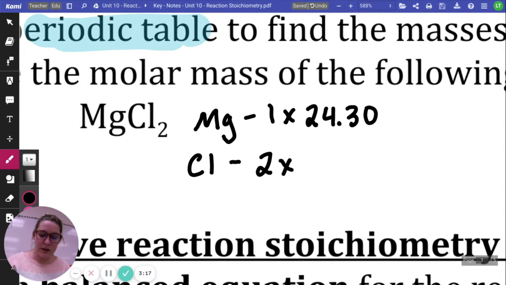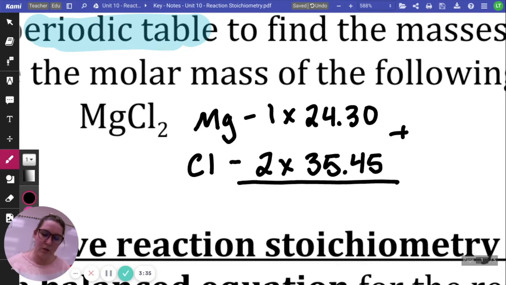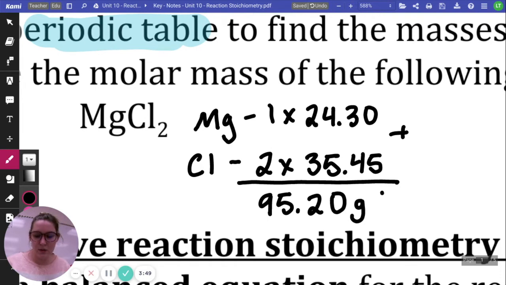Then I have 2 chlorines, and again, looking at my periodic table, the mass of chlorine is 35.45. I'm going to add that twice. So 1 times 24.30 plus 2 times 35.45. Plug them in your calculator, add them all together, and I got 95.20 grams per mole as my molar mass for that one.